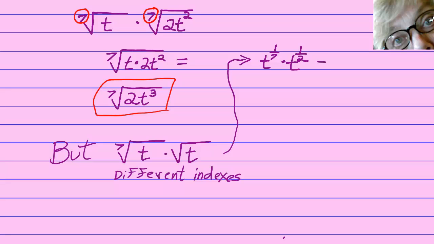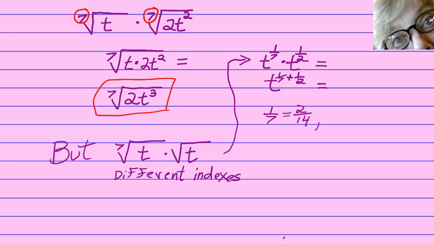Well, we're multiplying like bases. Let's add the exponents. We'll have t to the 1/7 plus 1/2. Now, you can add 1/7 plus 1/2 by hand, or you can use your calculator.